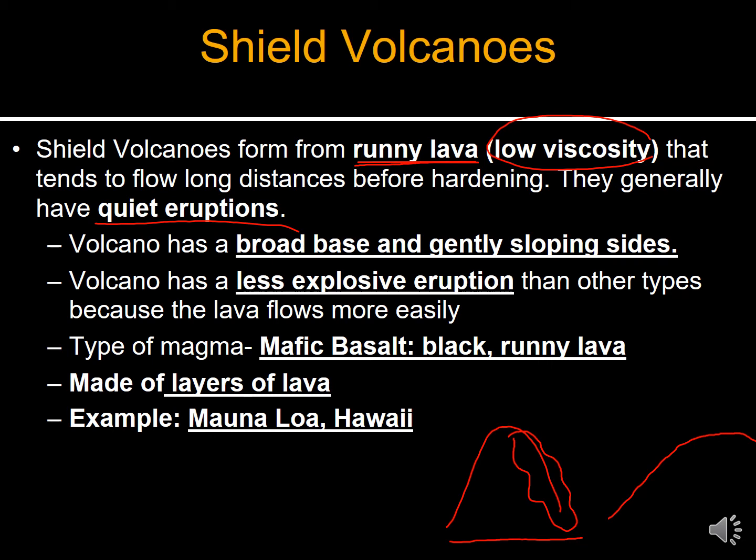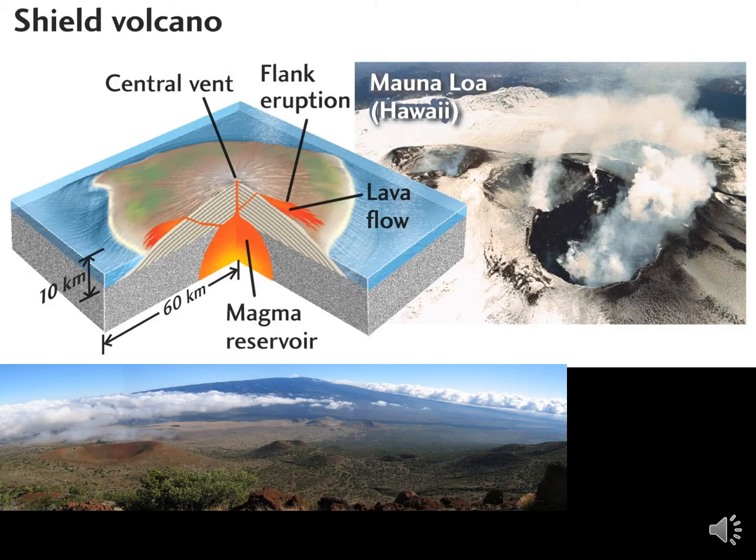Now it runs with black, runny lava made up of layers of lava, and this would be more like the volcanoes in Hawaii. So here's an example. You see how it's kind of flat, has a little hole in it. They just kind of run out from there. This is the one that is active inside Hawaii.